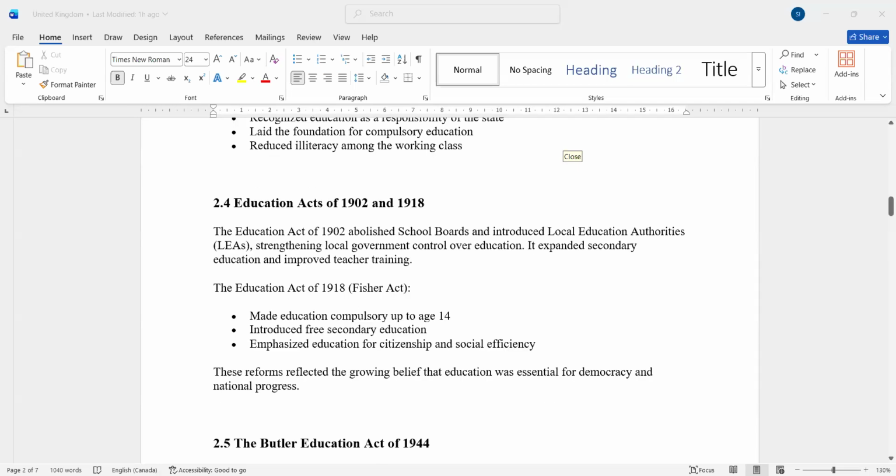These reforms reflected the growing belief that education was essential for democracy and national progress. They are enforcing laws like this so that people try to learn. In the same way, in Brazil also, Paulo Freire made the adults literate. Within 45 days, he made people read and write.